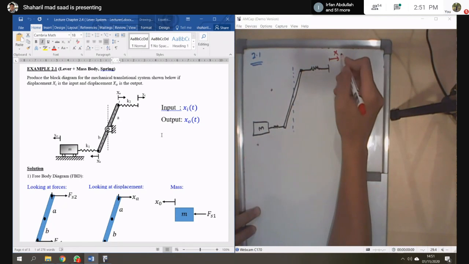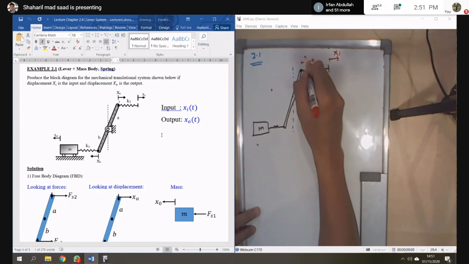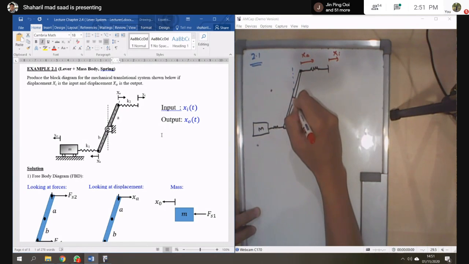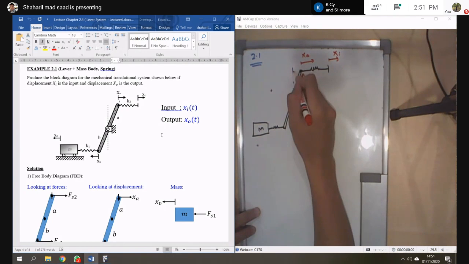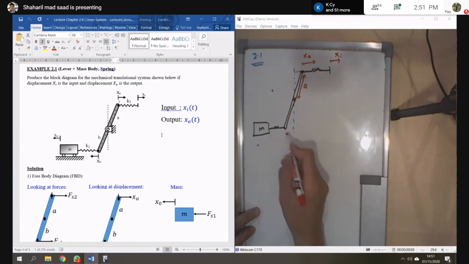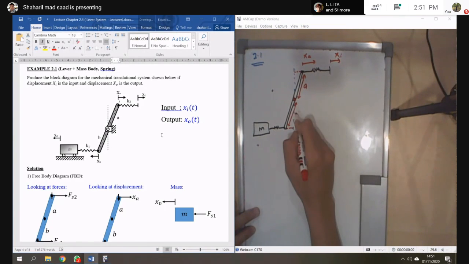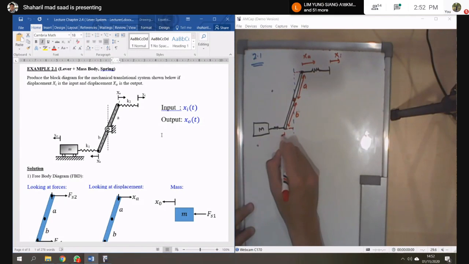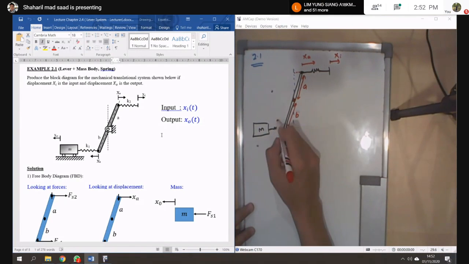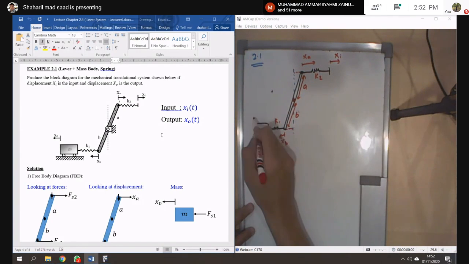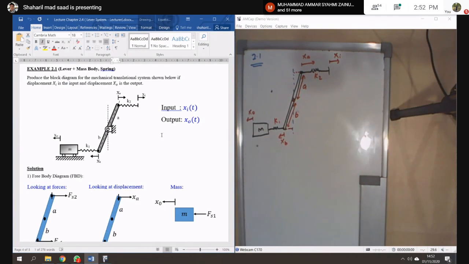This one is Xi, and this one is Xa. And you have some vacuum here, and this one is A, another one is B here. And this one you have the S_i, K1, this one K2, this one is S0.